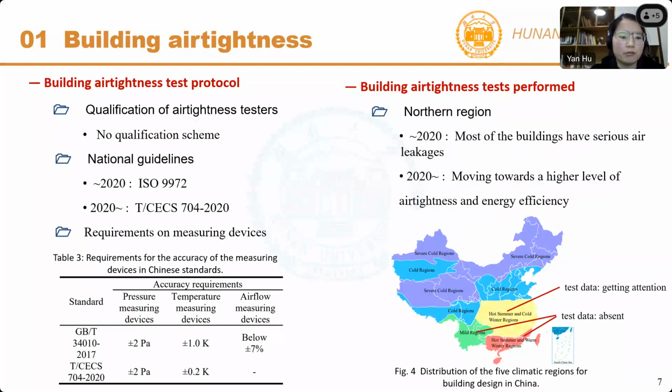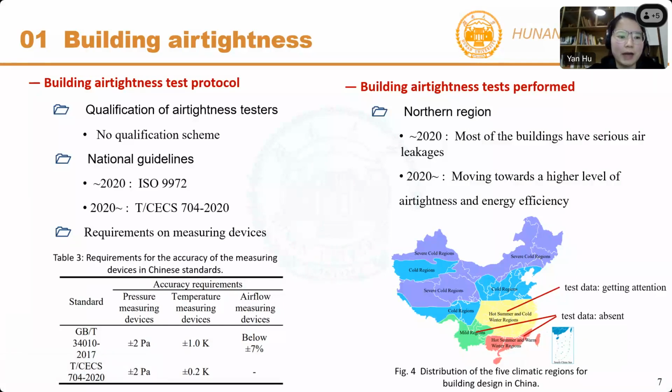And also, there are no requirements for the selection of measuring devices, but there are requirements for the accuracy of the measuring devices. As shown in this table, there are pressure, temperature, airflow measuring devices, the requirements for the accuracy of the measuring devices.